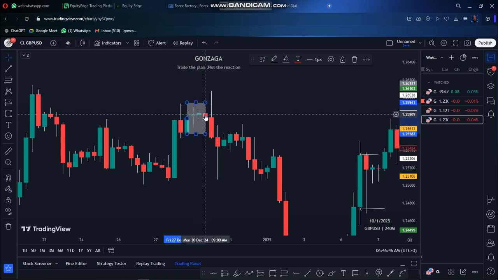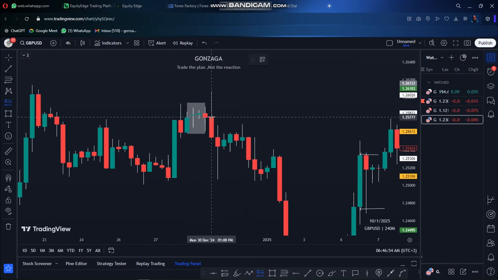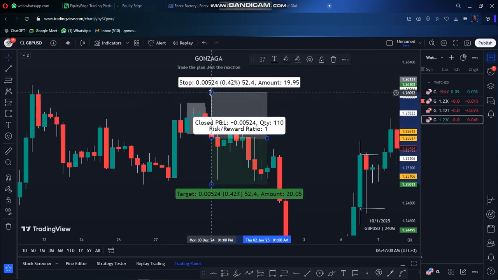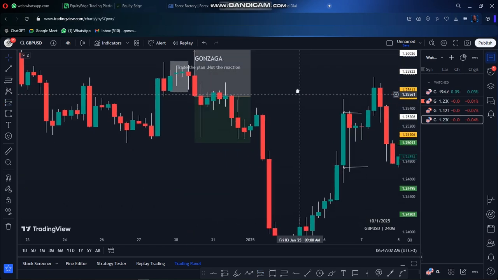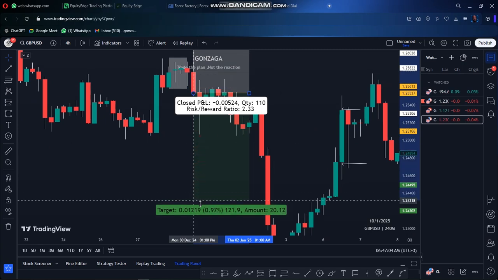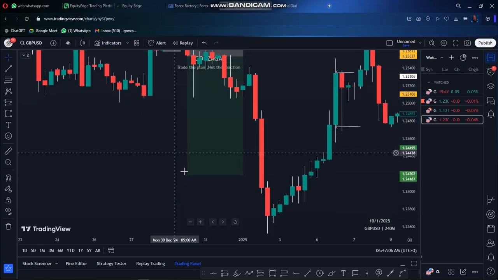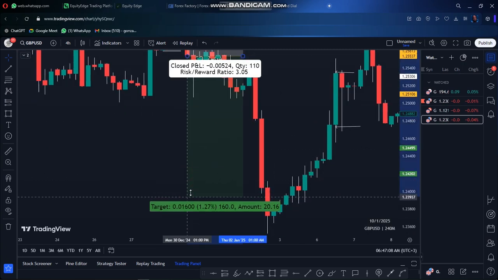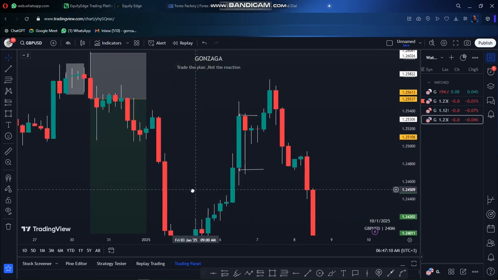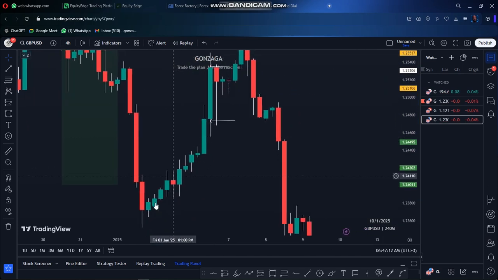After these two dojis, you see a red candle, then another red candle. So you just know now sellers are in the market. So enter at the close of the candle, put your stop loss above that candle and target a 1 to 3. Simple things. You get a 1 to 3, take that money.